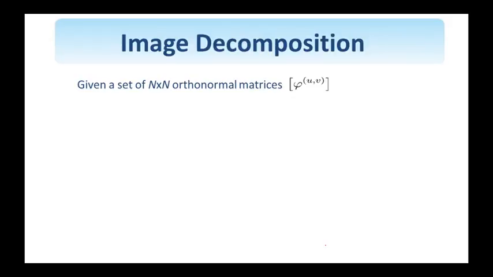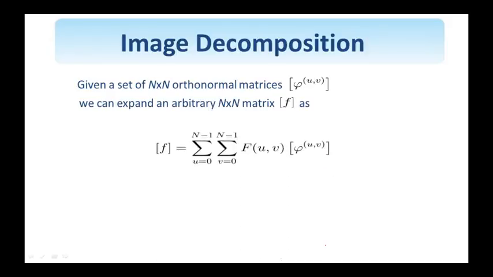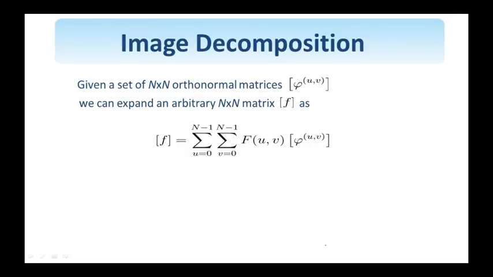Given a family of orthonormal matrices, phi uv, that we just defined in the previous slide, then given any image f, it can be decomposed in terms of these bases, these orthonormal matrices. So I can write f as shown here.